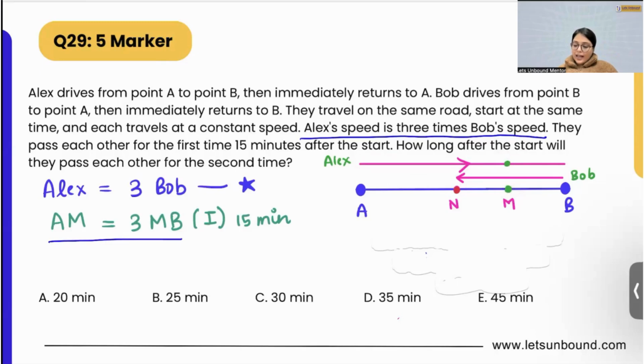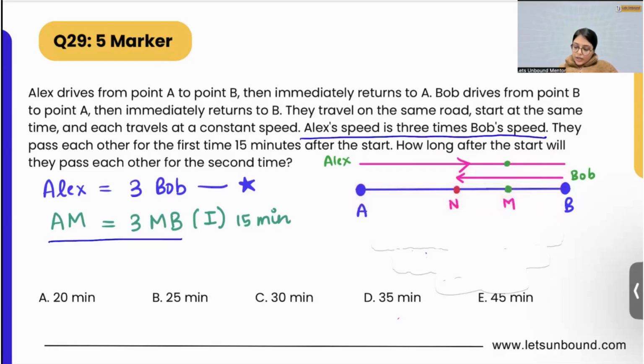If you look at Alex, because Alex is moving 3 times faster, Alex is at M right now, and Bob is at M too. But the direction of Alex is obviously he will finish up till B and then start moving back towards A, right? Whereas Bob needs to first finish going till here and then only can come back, right?